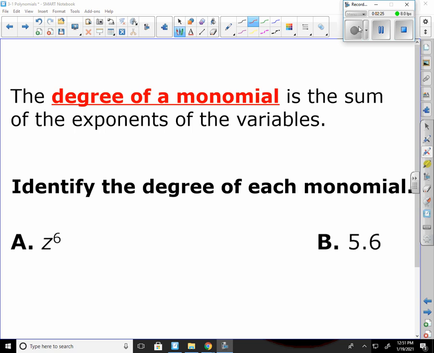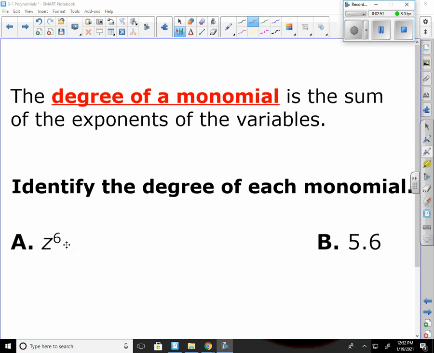The degree of a monomial is the sum of the exponents of the variables. We'll try to identify the degree of each monomial below. So if I look at this one, z to the 6th, it's just the sum of the exponents of the variables.